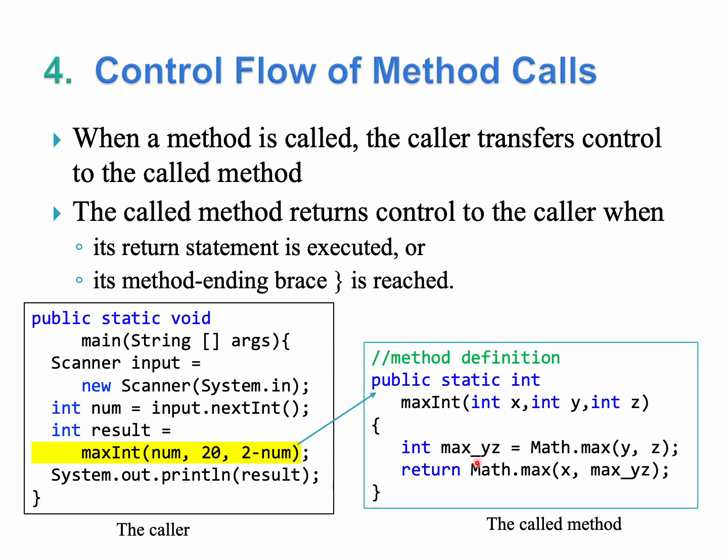The called method returns control back to the caller when its return statement is executed or its method-ending brace is reached. In this example, the called method maxInt is a value-returning method because its return type is not void. So it returns control back to method main when the return statement in the method maxInt executes.